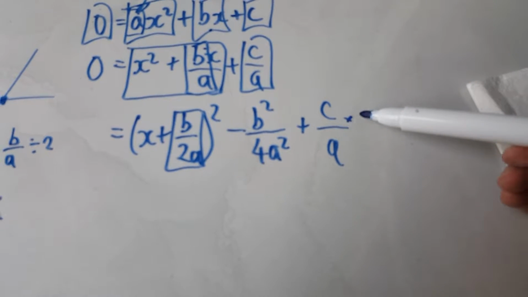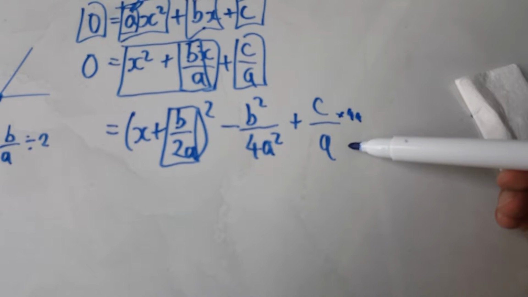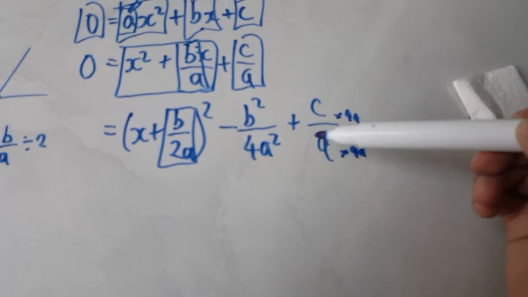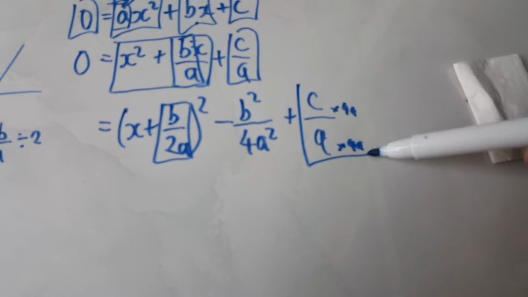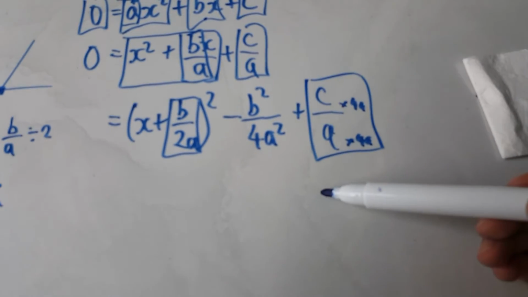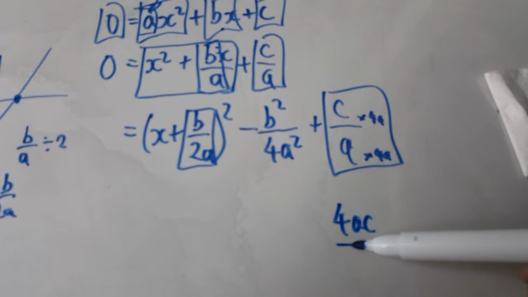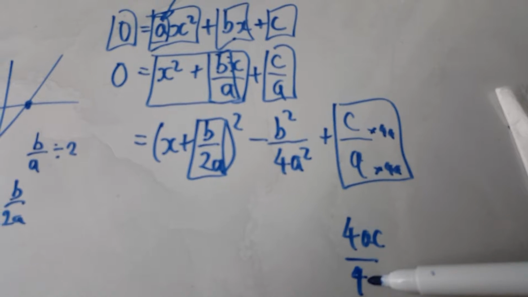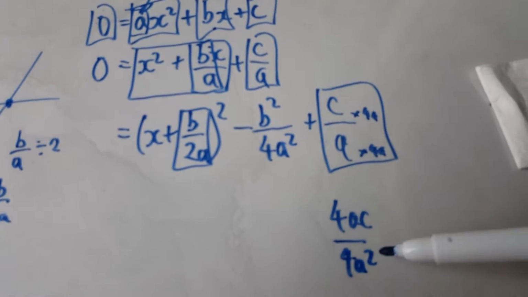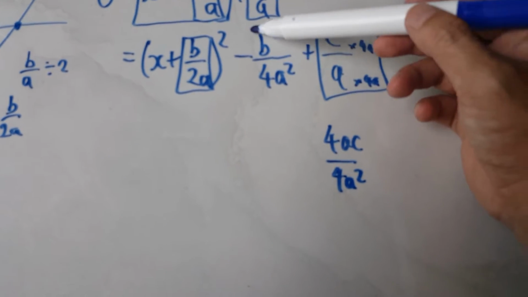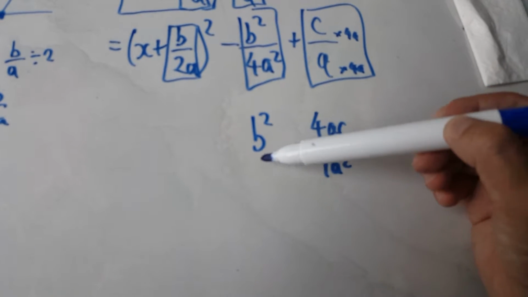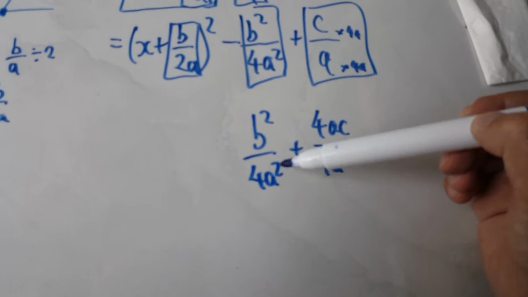So let's times top and bottom here by 4a, because we want to get the two denominators to be the same. So this thing here will then become 4ac over 4a squared, and this block here stays the same, so that will be b squared over 4a squared.